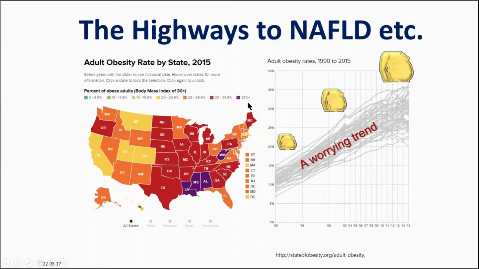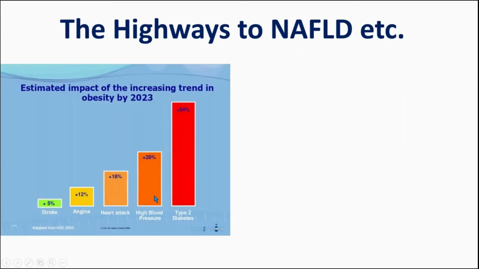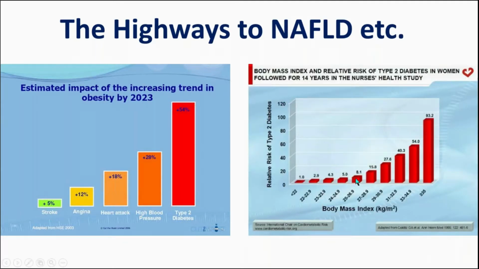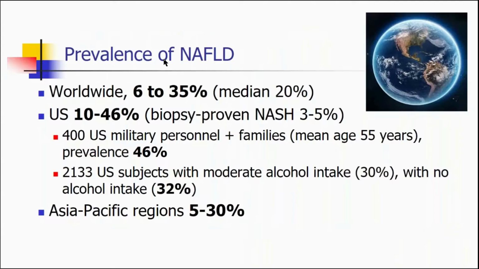Look at what happens in the United States. More than 35% of the population are now obese, and this condition will pull other conditions: cardiovascular disease, high blood pressure, type 2 diabetes mellitus, and the association will increase over time and age.